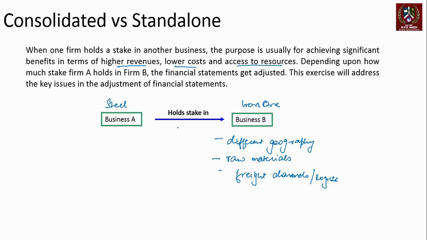Now, once you have a stake in another company, depending on how much stake you have, the financial statements will get adjusted, right? This is where we come to consolidated versus standalone.